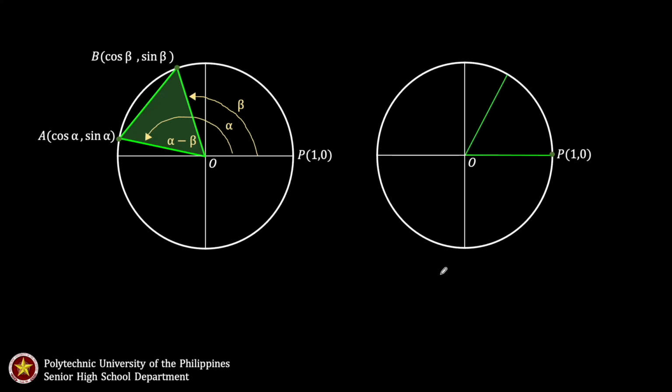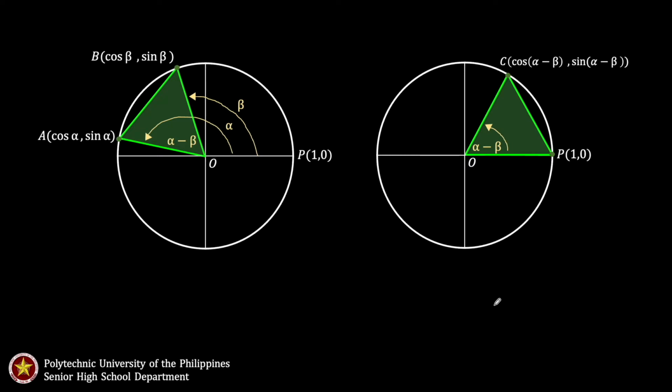The angle generated between this ray and this ray is again angle alpha minus beta. This point we will treat as point C, and its coordinate now is (cosine of alpha minus beta, sine of alpha minus beta). Again, connecting points P and C, we will obtain a triangle.